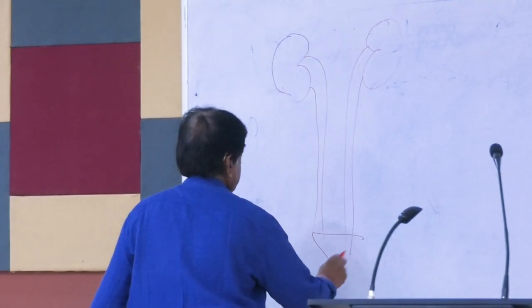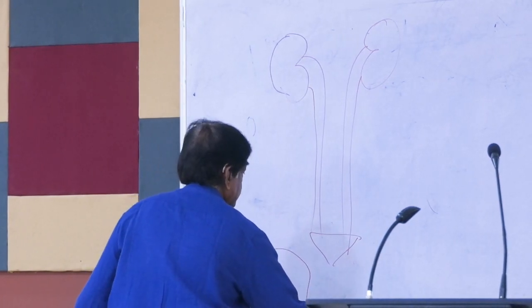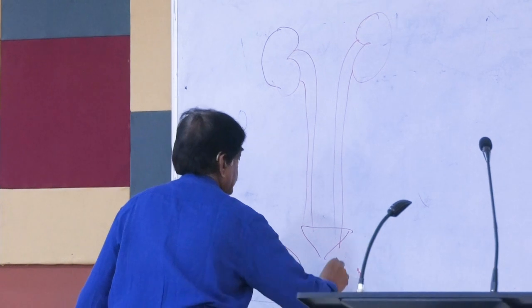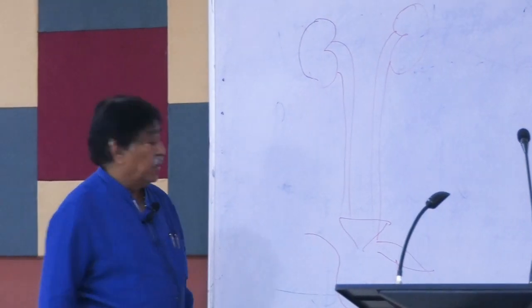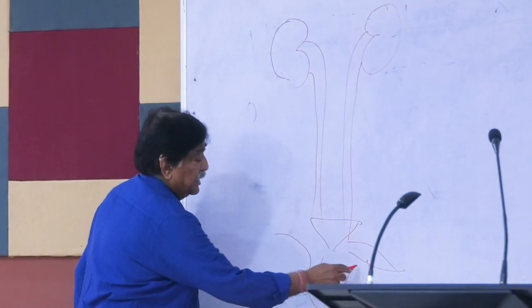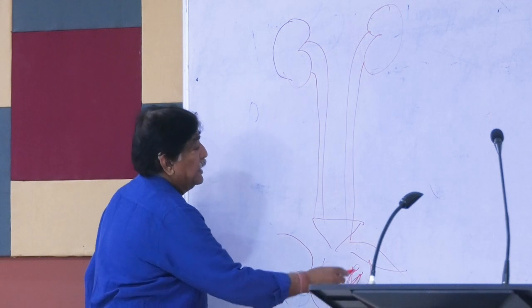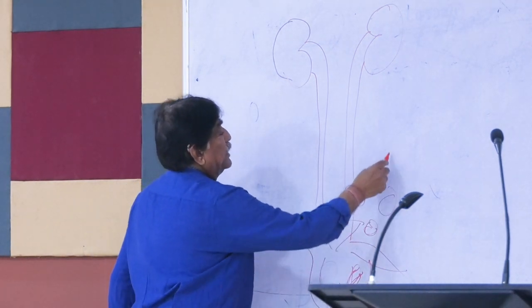here's the bladder. Here's the penis. Both the testes are intact here, but sometimes this might be missing. It might be in the inguinal canal, it might be here, it might be here.